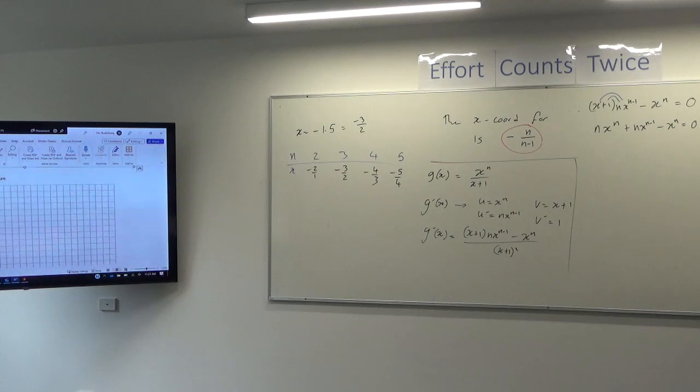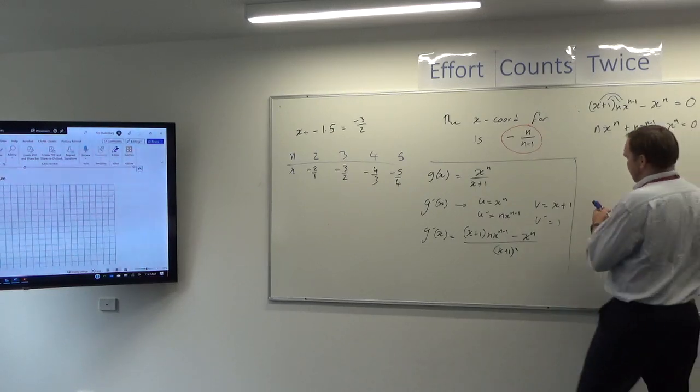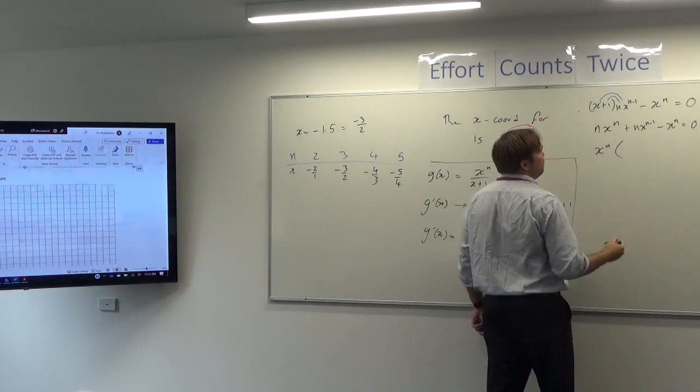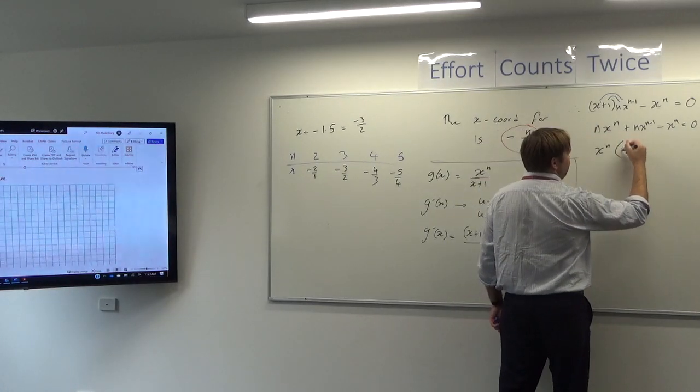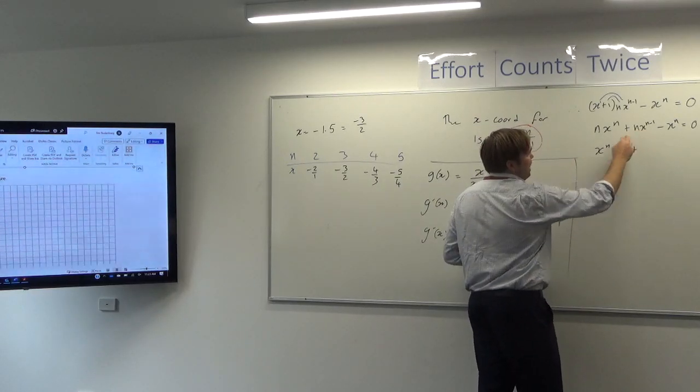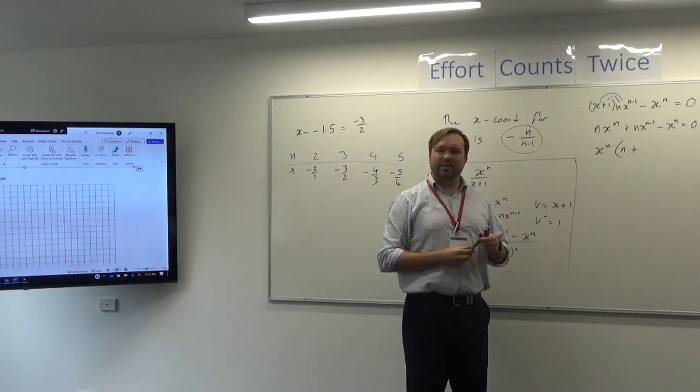Now, we're pretty close to factorising. So the goal for any of these equal to 0 ones is you're trying to factorise it and set up a null factor law setup. So I'd be taking out a common factor here. And there's one common factor that we can remove pretty comfortably, and that's x to the n. And if we remove that, we're left with an n plus this with x to the n taken out.